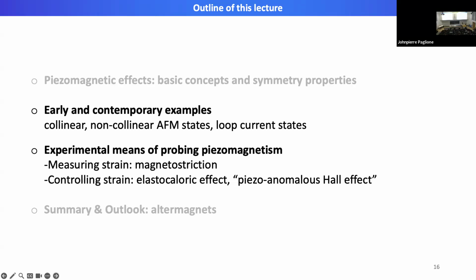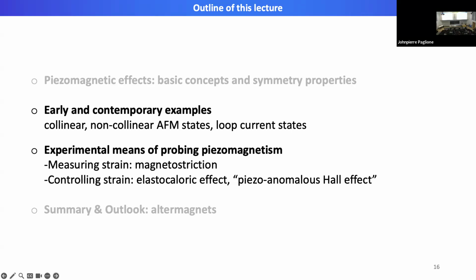Okay, so in the remaining time, I would like to show you how to experimentally measure the piezomagnetism in more detail. And as I quickly mentioned, this is very heavily based on the setups we have in our lab. And we can categorize those experiments in two main categories. So the first kind, we will try to measure strain that's induced by the inverse piezomagnetic effect as a function of magnetic field, right?